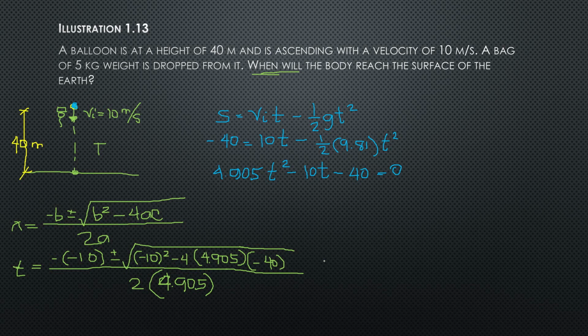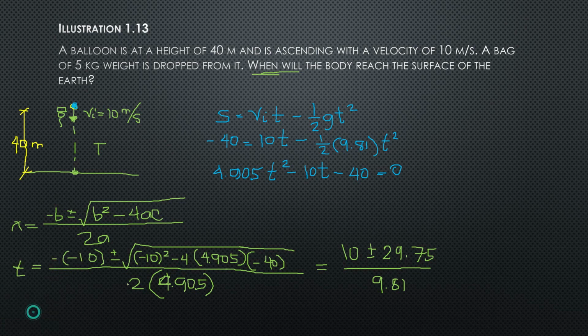Now simplifying, this will be equal to negative of negative 10 will be positive 10 plus or minus square root of 29.75 over 9.81. So solving for the time, we have two values here.